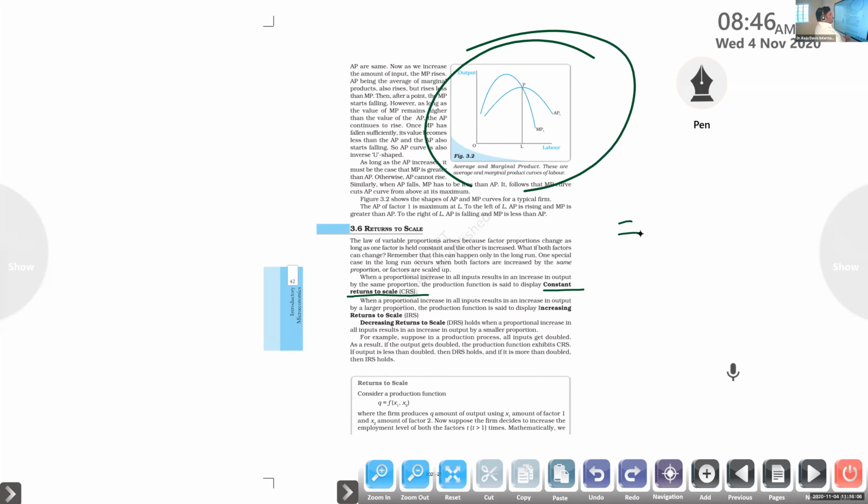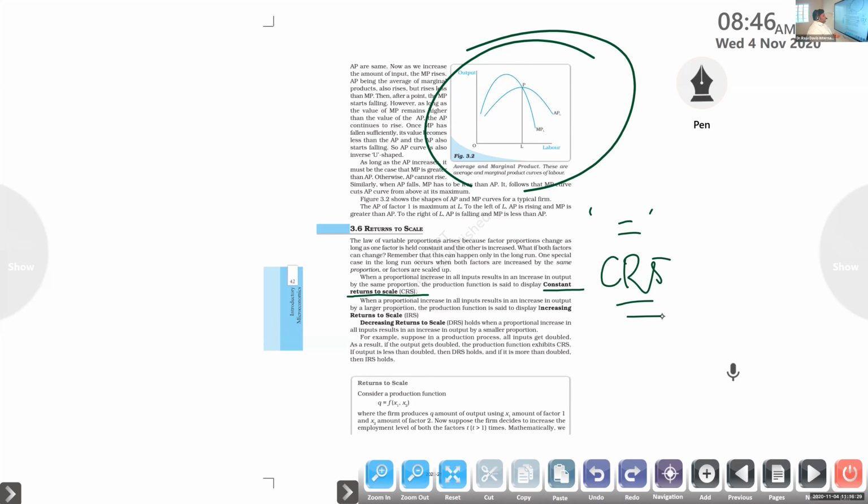Such a return is called CRS. What is that? CRS, constant returns to scale.